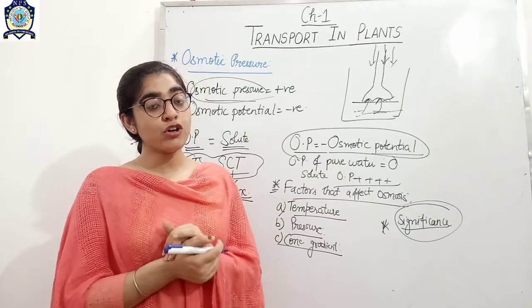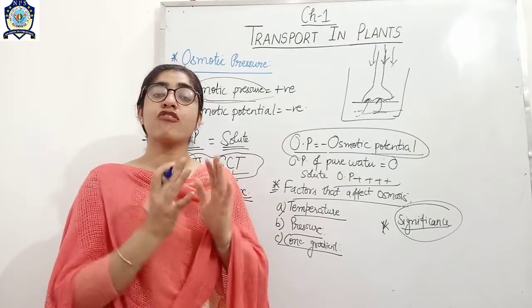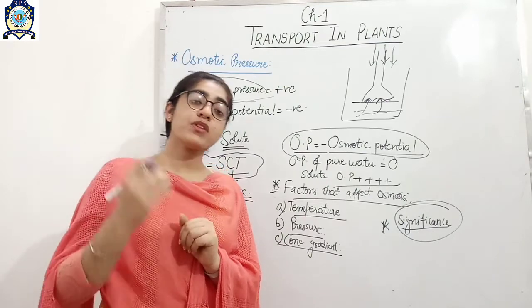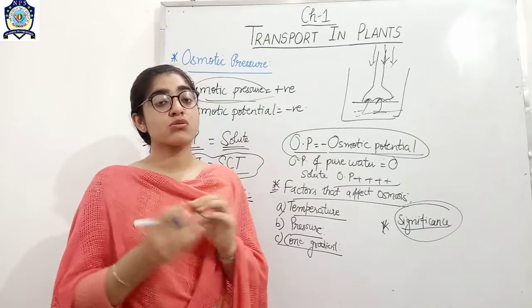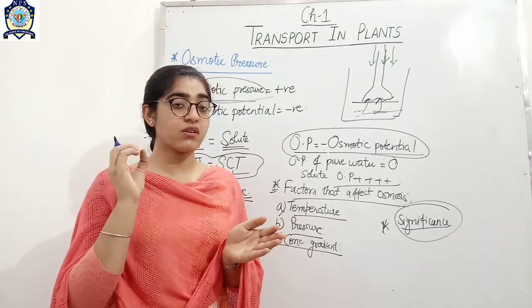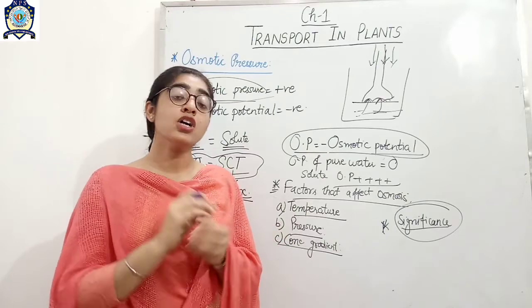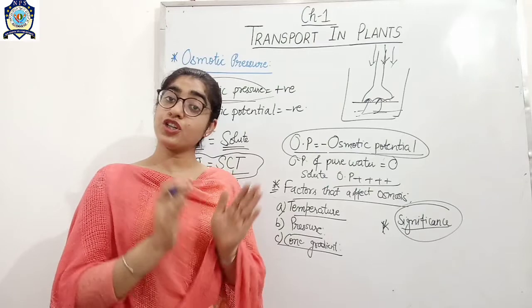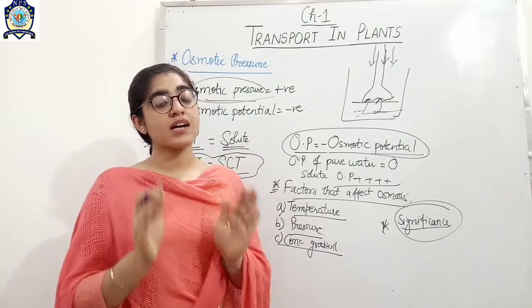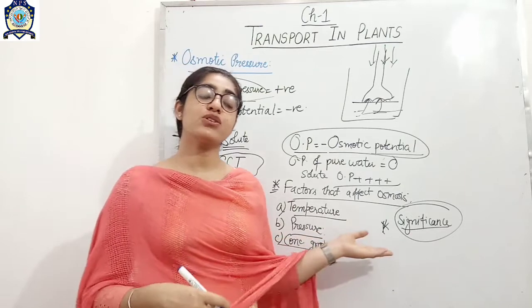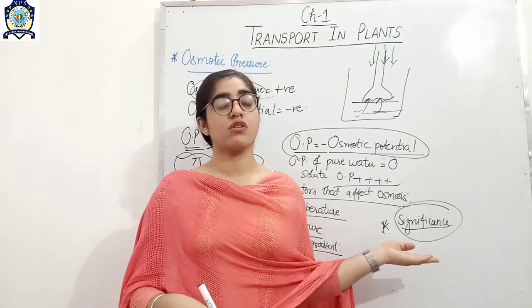And you already know plants take water from the soil with the help of root hairs. That is also the process of osmosis, meaning it is only possible due to the phenomenon of osmosis. And water movement from cell to cell also occurs due to the process of osmosis.